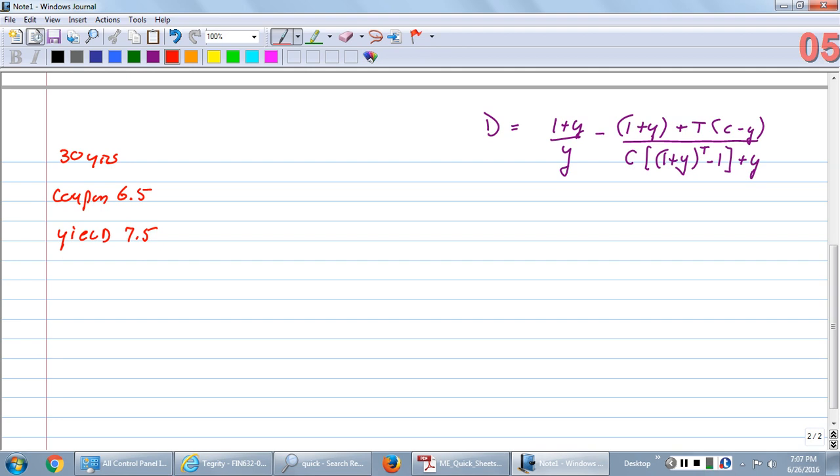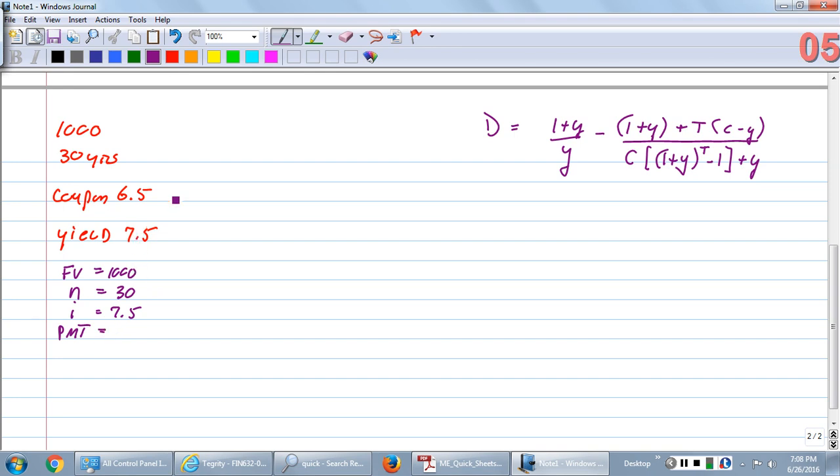So we've got a 30-year bond, 6.5% coupon, currently priced to yield 7.5%. Let's assume, like all of our other bonds, that it has a $1,000 par value. Let's plug in our inputs. Future value is equal to 1,000. N is equal to 30. Our interest rate is 7.5 because we're pricing this bond in a 7.5% rate environment.